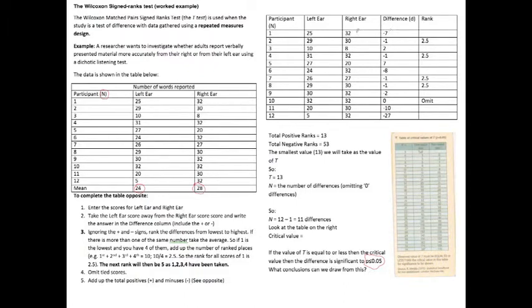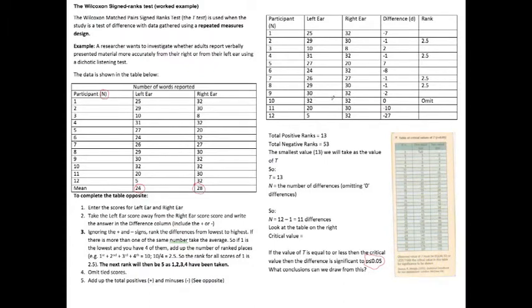All we've done with our difference is we've gone 25 minus 32 equals minus 7, 29 minus 30 equals minus 1.